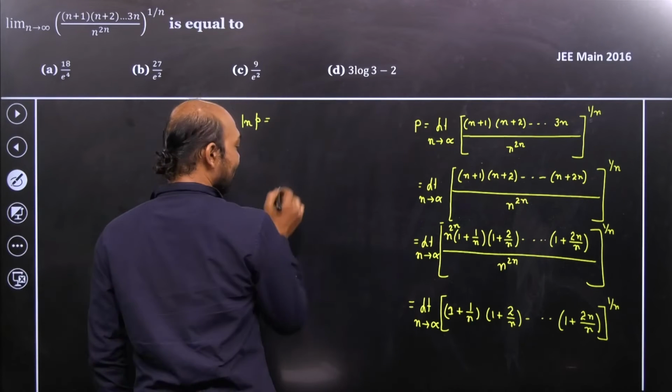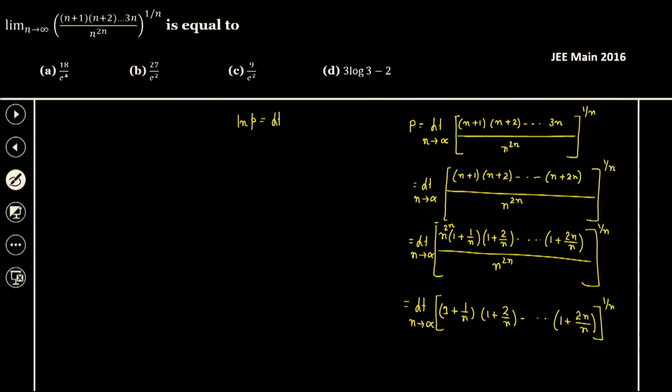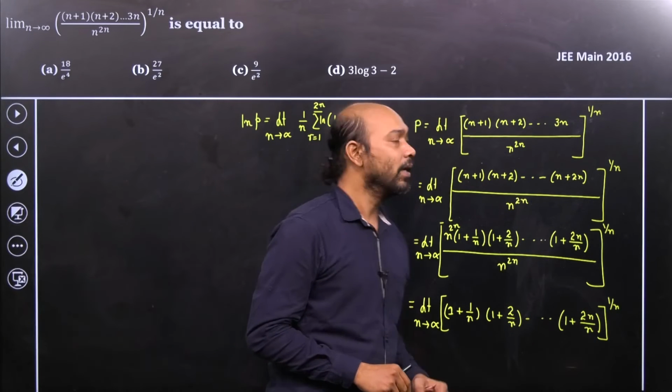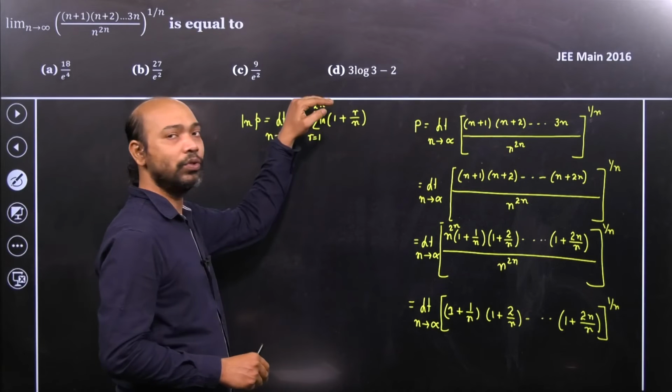So therefore we can say that the given limit can be converted to the limit as n tends to infinity of 1 by n, summation of log of 1 plus r by n, and obviously I missed that log here, so add it. Here r goes from 1 to 2n. Now see, r is 1 here, so we get the first term. And we get 2n here, we get the last term. So that's why r limits from 1 to 2n.